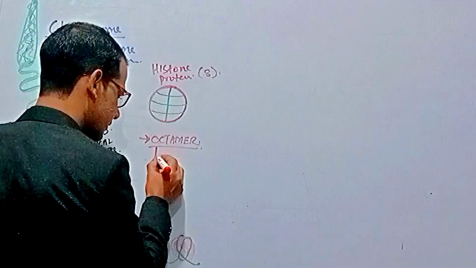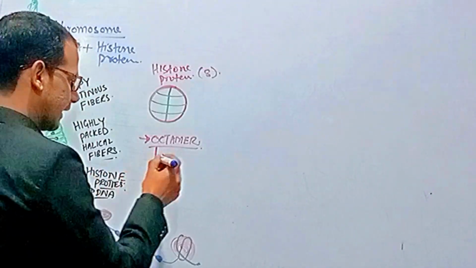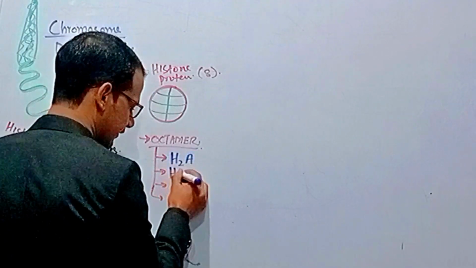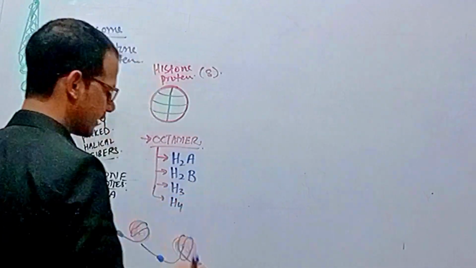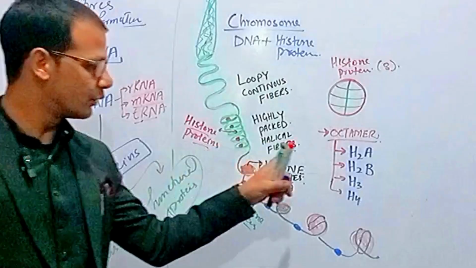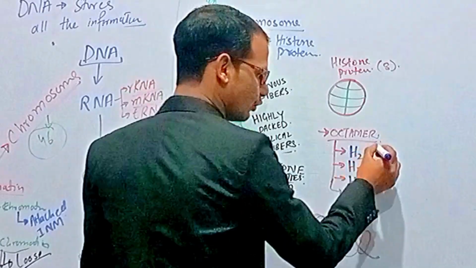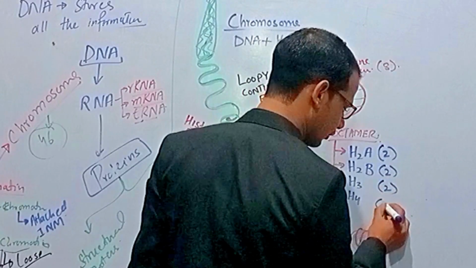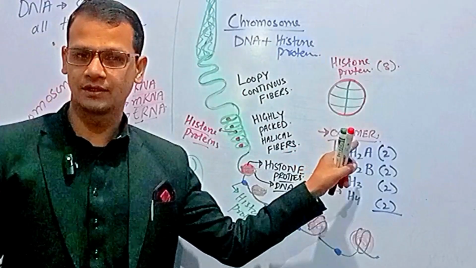What are the names of these 8 units? One is H2A, second is H2B, third is H3, and fourth is H4. Every unit is present 2 times, so 2 units are H2A, 2 units are H2B, 2 units are H3, and 2 units are H4. The total is 8 units, so it is called an octamer.